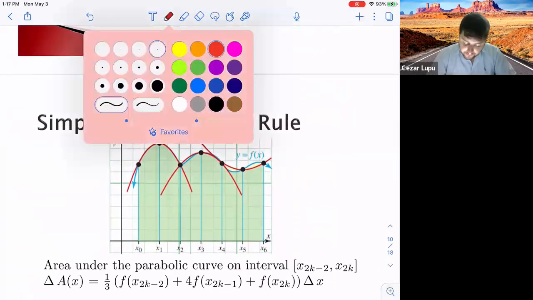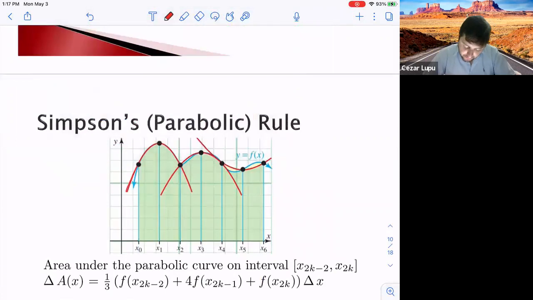Again, look at this graph here, right? And now we would like to look at this very carefully.